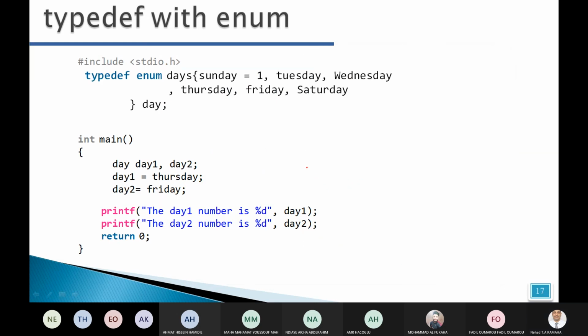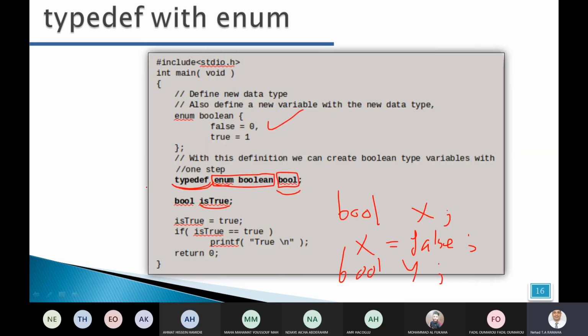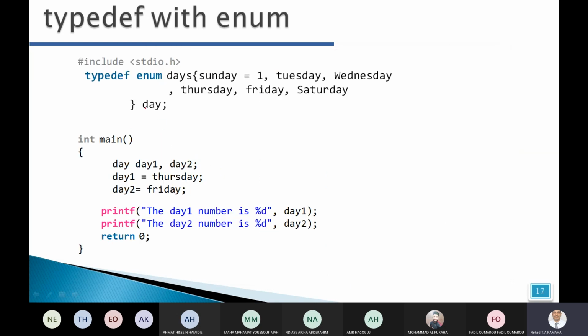Here, in this example, instead of writing it like this in two lines, typedef and defining the enum here, then defining the type here, I can use directly typedef, then enum days, then day.